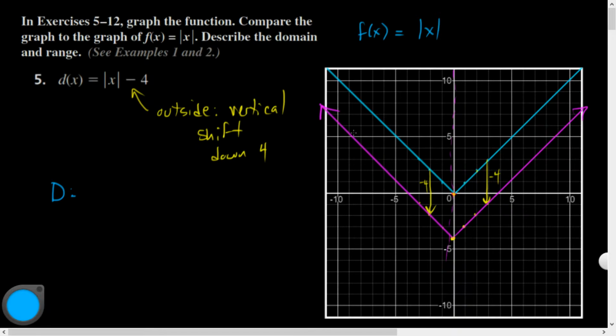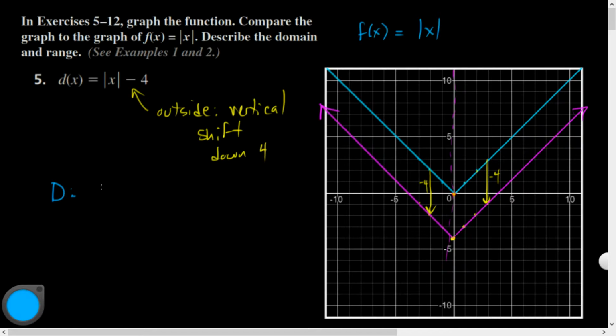So the domain would be, if I took this purple graph and smushed all of its values to the x-axis, I just crushed it, right? What x values would it exist for? What would it cover on that x-axis? Right, I think it would cover everything, right? The whole x-axis would be covered in the goop of that purple graph if I smushed it.